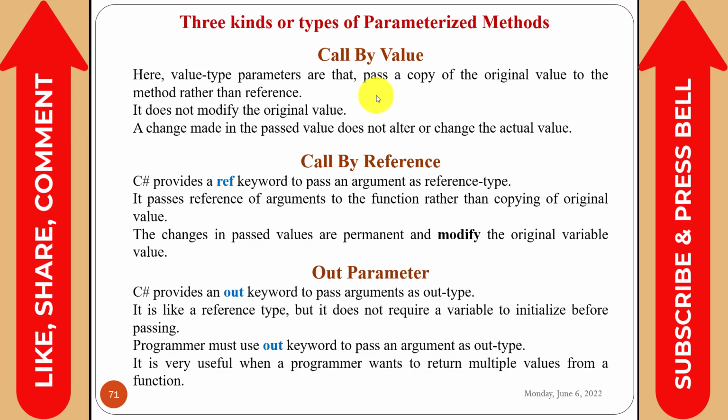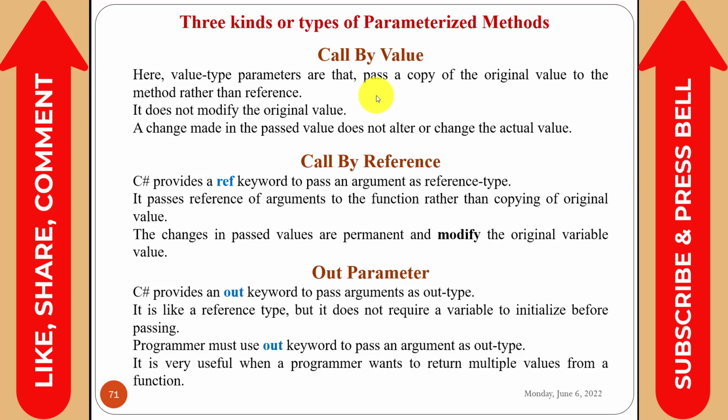Like if you want to return your data values, like name, roll number, address, telephone number, you would need 4 methods to return a single value each. With the help of the out parameter, we will use only one method to return 4 values together.